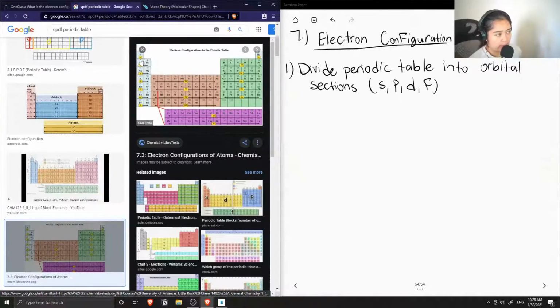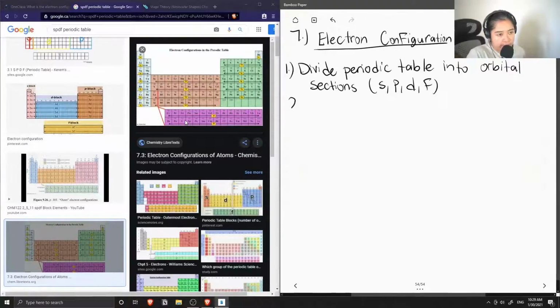The S block is the first two columns, including helium. The P block is this green section, ranging from boron to the noble gases. The D block is the transition metals. And finally, the F block is the last two rows, the lanthanides and actinides.